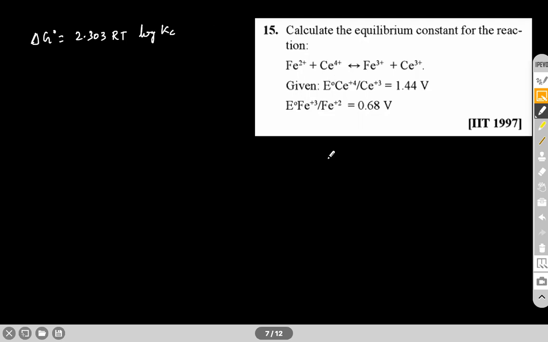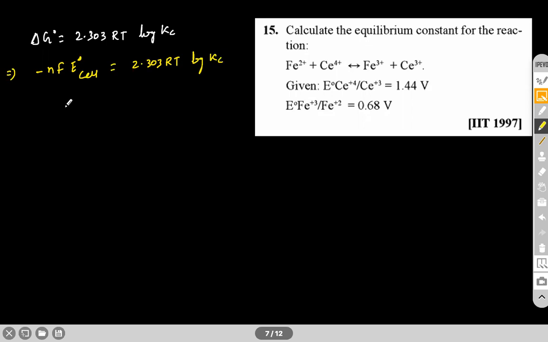Okay, what is the E naught of this cell? Because delta G, we know, is minus nFE naught of the cell, which is equal to minus 2.303 RT log Kc.